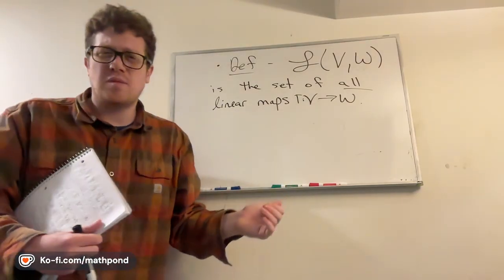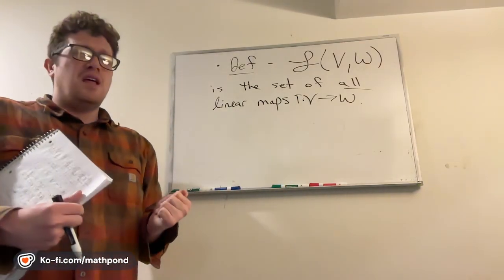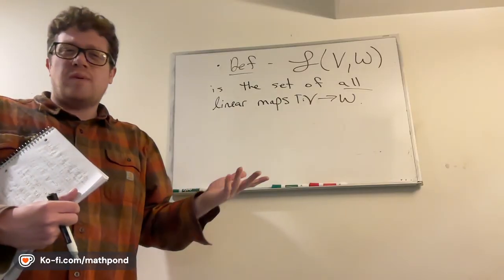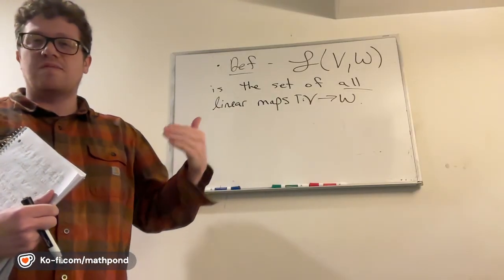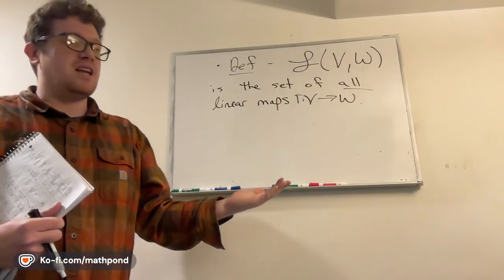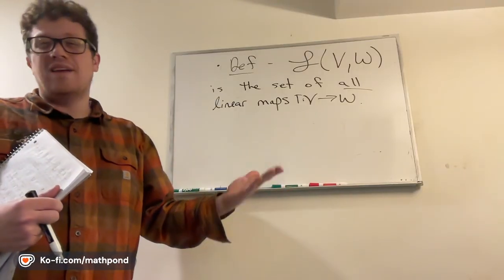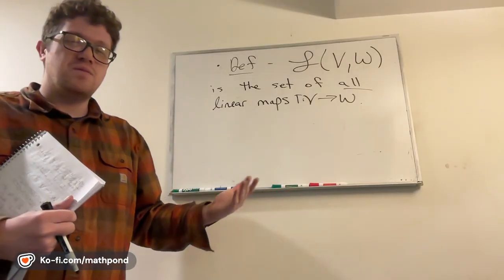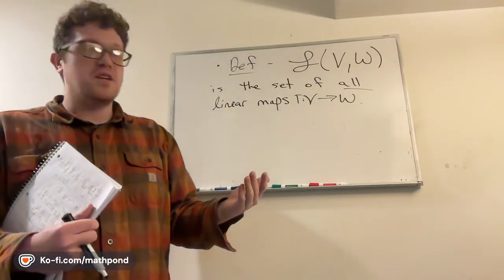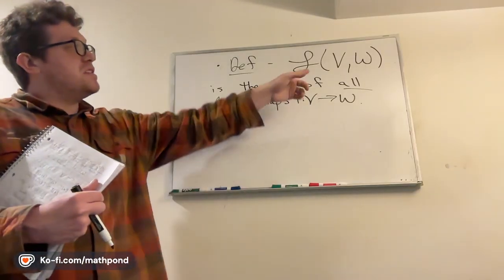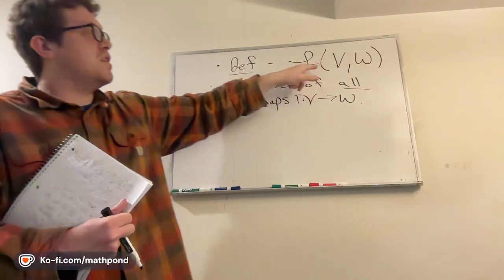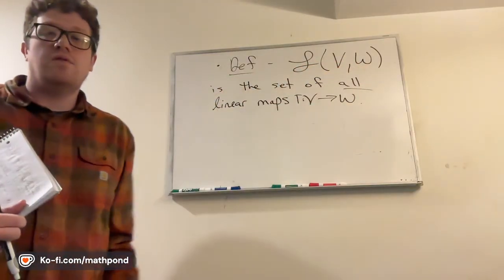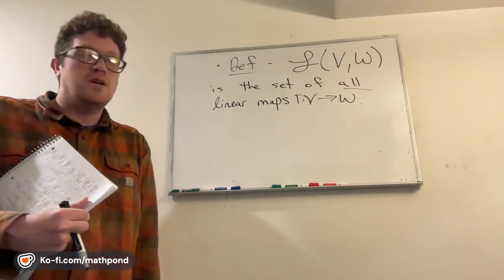So I think somebody in the Discord was asking me, can you look at all the subspaces of a vector space and use addition, and can you put some vector space structure on that? And I was going through why it didn't really make sense with the normal way we would think of multiplication. But this is something that is a vector space. So you have two vector spaces. You can look at all the maps between them that preserve the linear structure.